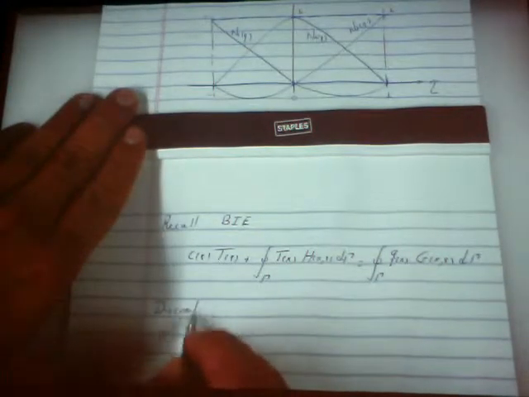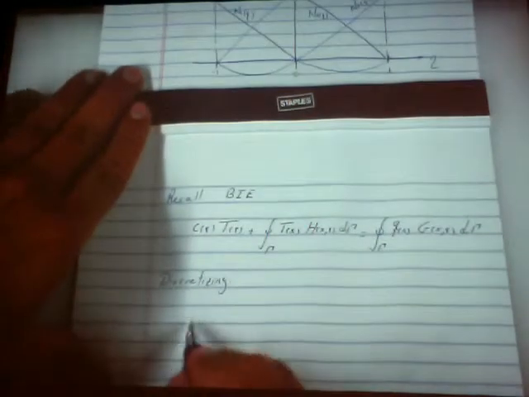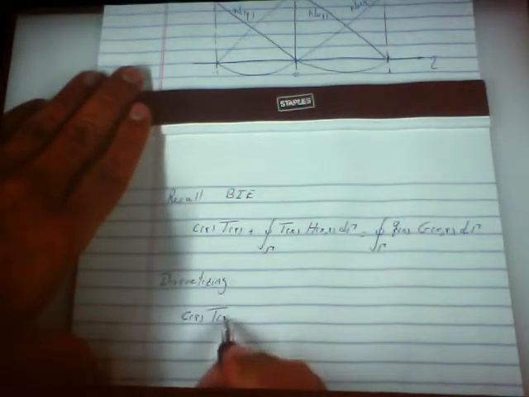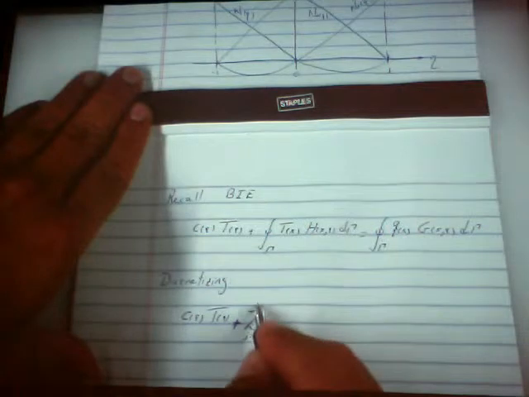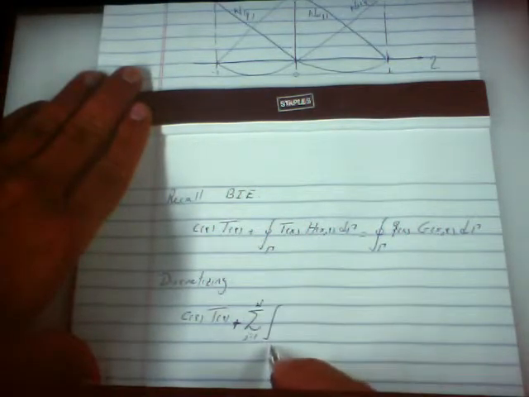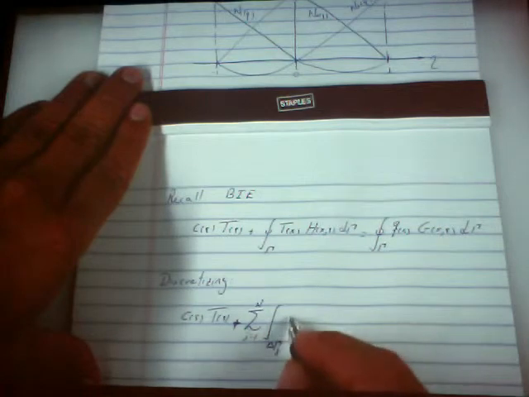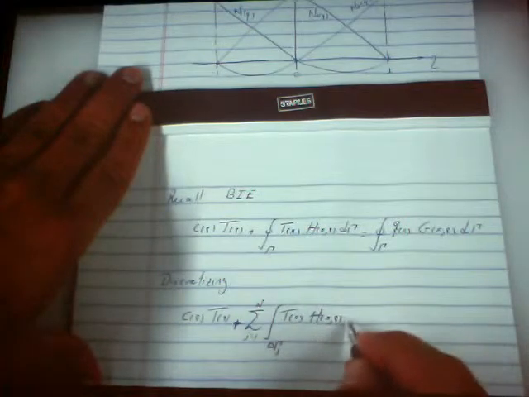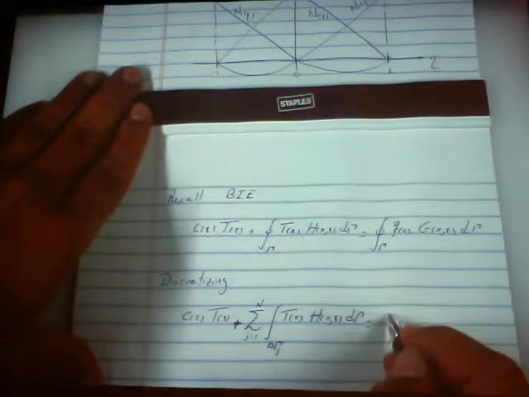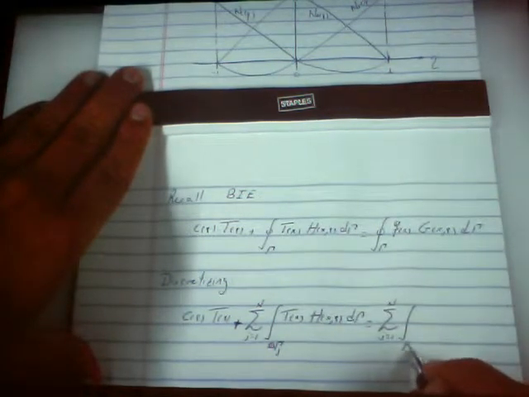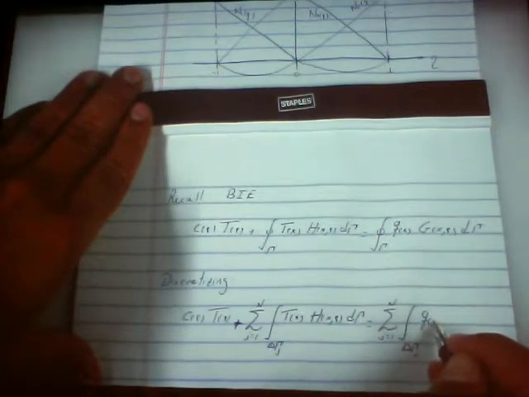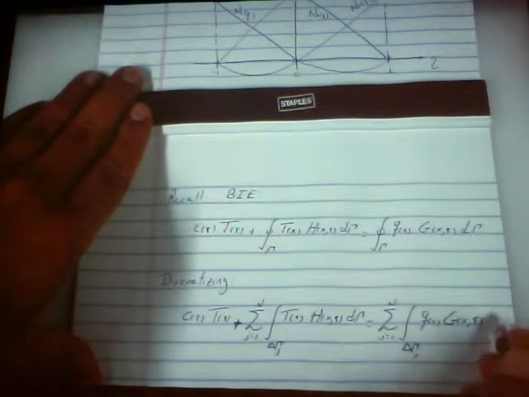And now we can discretize it. So C T is equal to, or plus, the summation from j equal 1 to the number of elements of an integral over delta gamma j of T of x H of x, xi is equal to the summation from j equal 1 to N, the integral over delta gamma j of q of x G of x, xi d gamma.